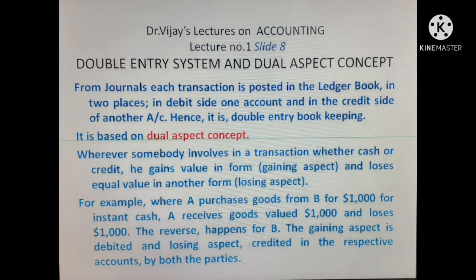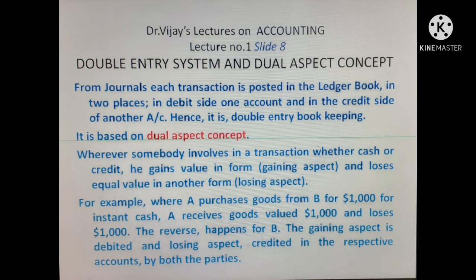It is based on dual aspect concept. Wherever somebody is involved in a transaction, whether cash or credit, he gains value in one form, that is the gaining aspect, and loses equal value in another form, that is the losing aspect. For example, where A purchases goods from B for $1,000 for instant cash payment.